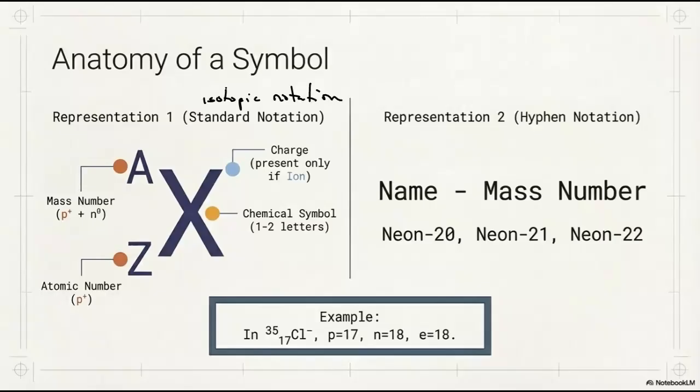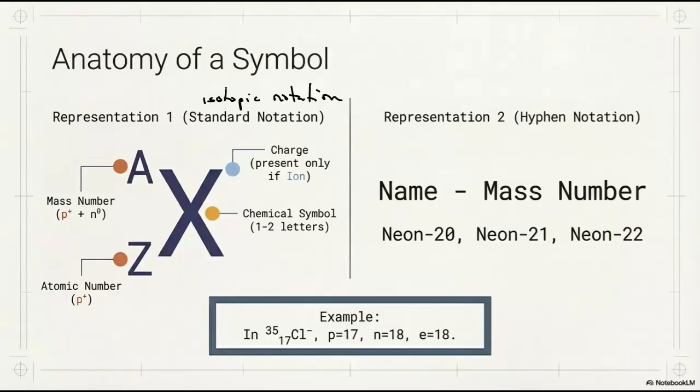It tells you the mass number of that element and the atomic number. Now, in all reality, I don't have to write the Z value in there because if I know the symbol, I know what element I'm talking about. So it's a little bit redundant, but that's the notation they came up with.